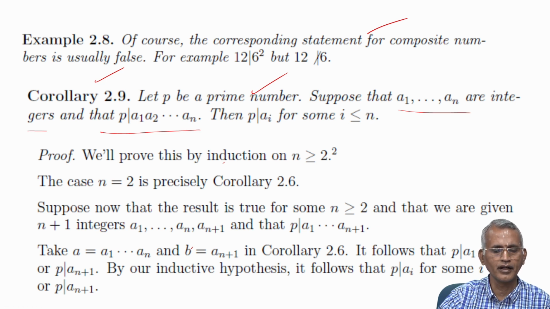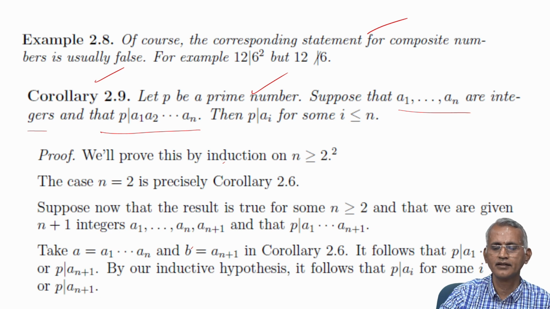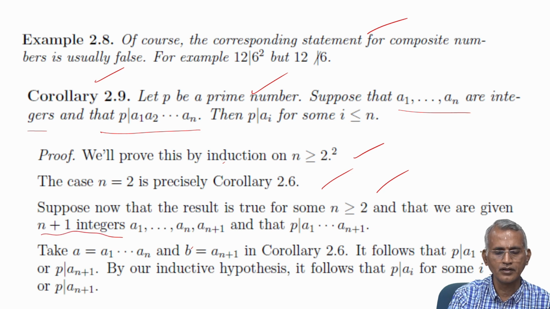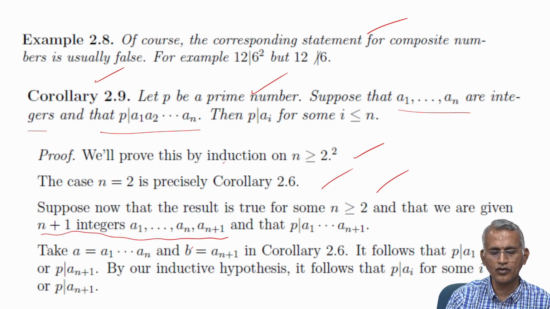Now let us prove the statement of corollary 2.9. We prove by induction when n is greater than or equal to 2. In this case, n equal to 2 is precisely corollary 2.6. Suppose the result is true for n greater than or equal to 2, and we are given n plus 1 integers a1, a2 and so on, an plus 1, such that p divides a1, a2 and so on, an plus 1.